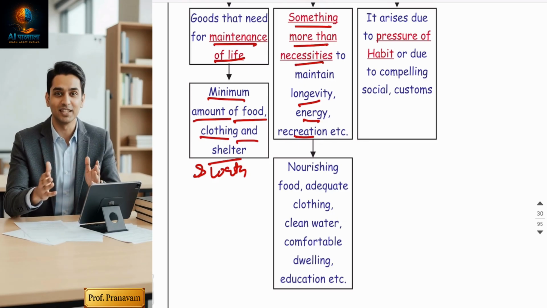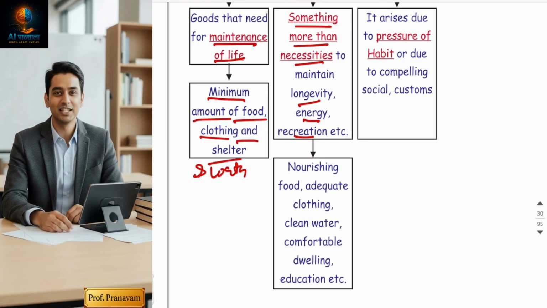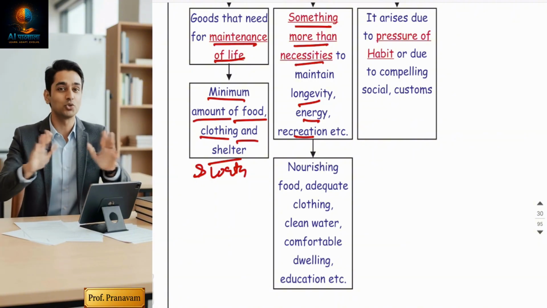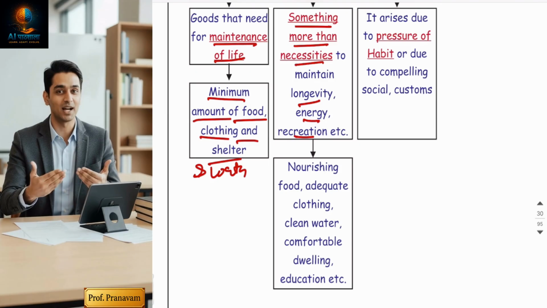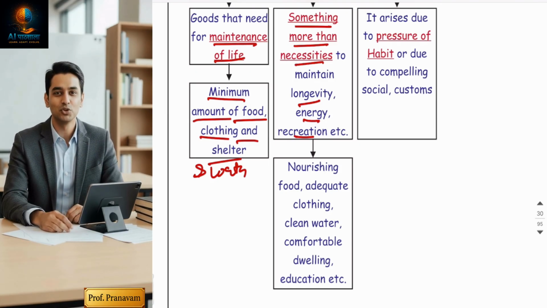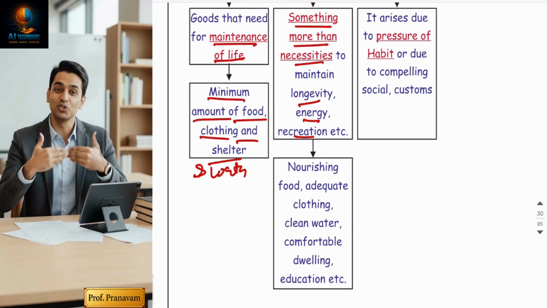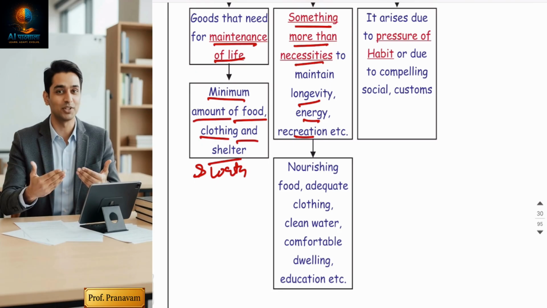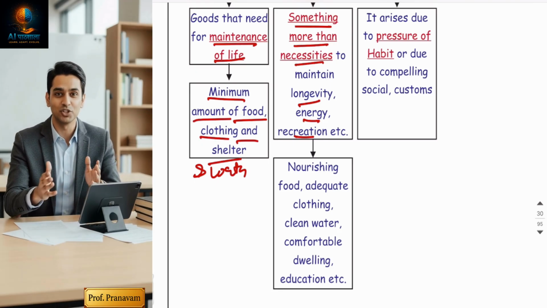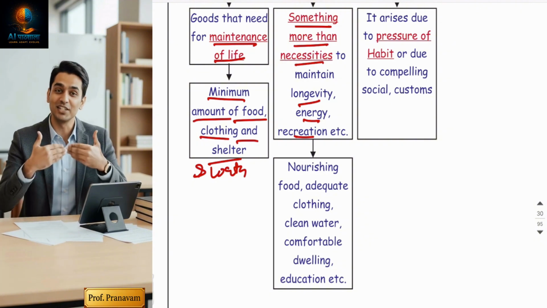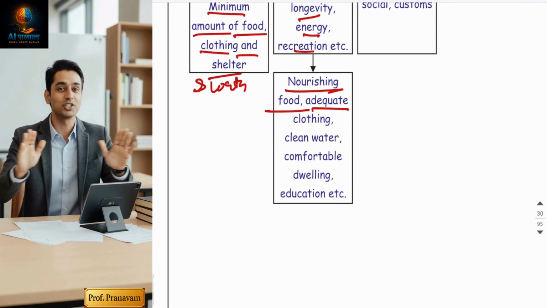For example, minimum two times food is for my survival, but at least three times food with good quality food, fruits, vegetables, dry fruits, increases my efficiency. Shelter is for my survival, but a 2 BHK or 1 BHK, a sufficient size of home, is for my efficiency. Nourishing food, adequate clothing.